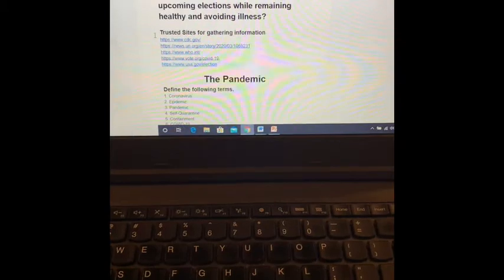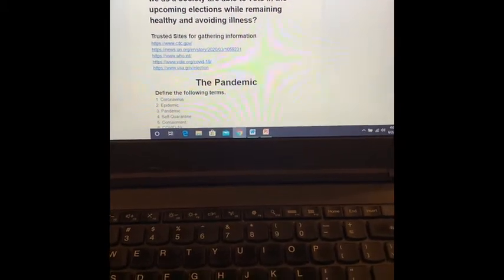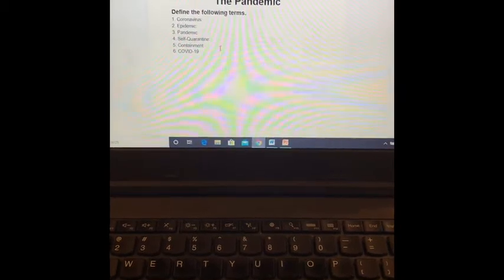That way they can apply that to their projects. So first and foremost, they'd fill out a quick vocab. So if they're not familiar with some of these terms surrounding COVID-19 or the pandemic, they can familiarize themselves.